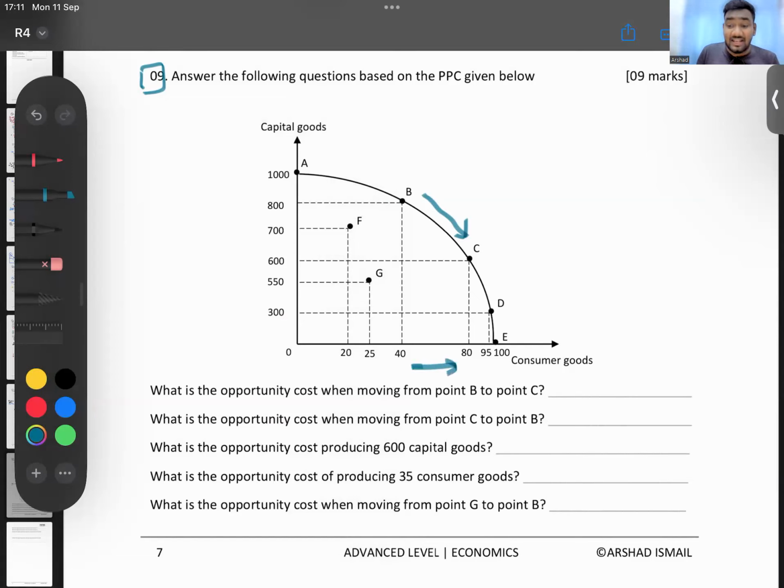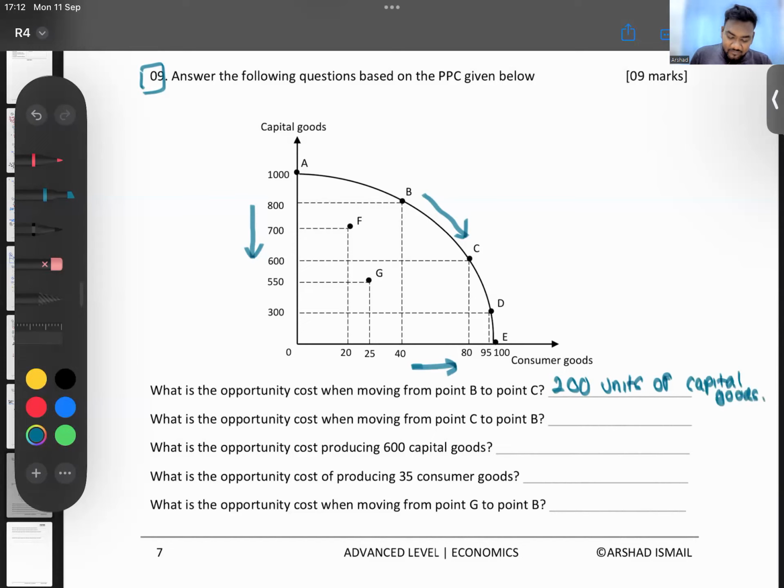So what are you sacrificing? That's your opportunity cost, guys. You're sacrificing 200 units of capital goods. That is your answer. You don't have to say units of, you can say 200 capital goods, right? 200 units of capital goods.